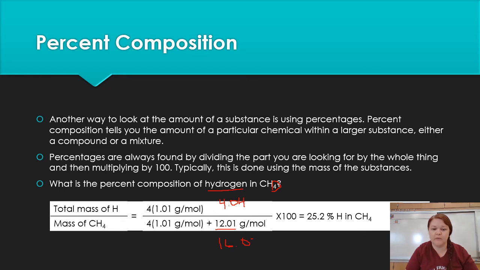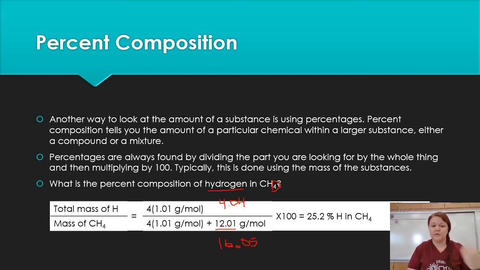We can see 4 out of 16 is about a quarter, so 25.2 is a very reasonable answer. About 25% of CH4 is hydrogen, and the other 75% is carbon because it has a bigger mass. Even though there are more hydrogens, carbon has a bigger mass, so it makes up more of the total mass of the chemical. So that's how percent composition might be used.